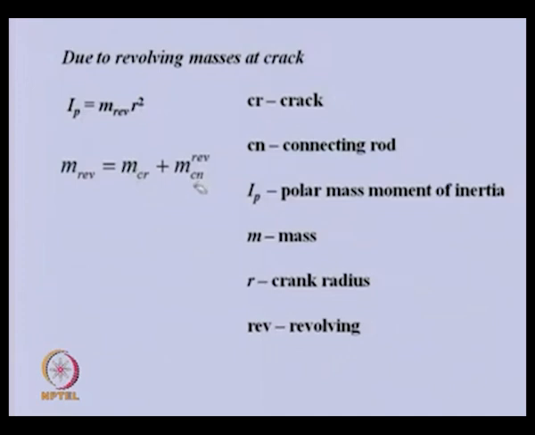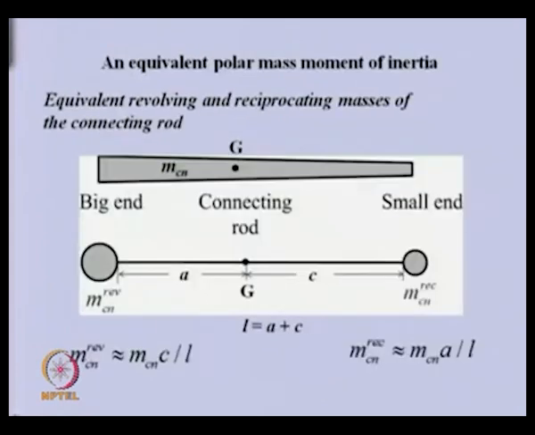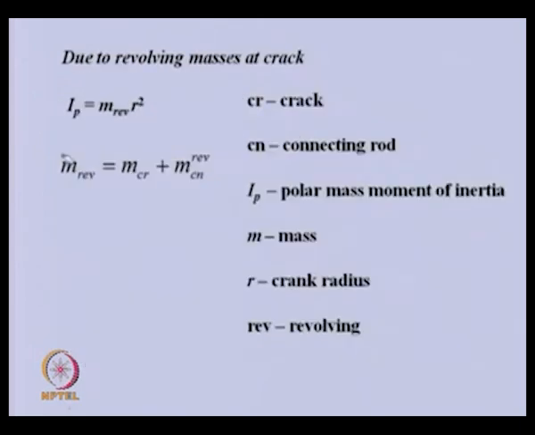In the previous slide we obtained the equivalent mass of the connecting rod which is revolving, because that end is connected with the crank, and the other is connected with the piston. So, this is the total revolving mass at the crank radius, coming from the crank itself and the connecting rod, two parts.